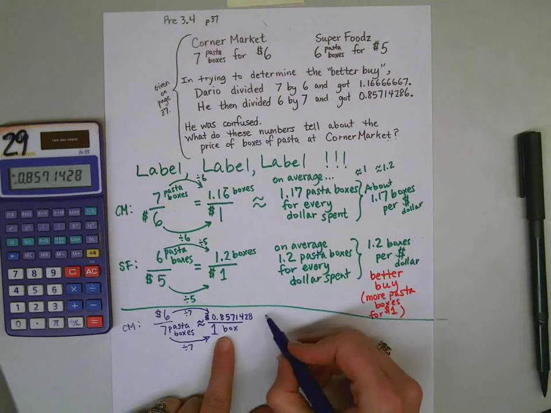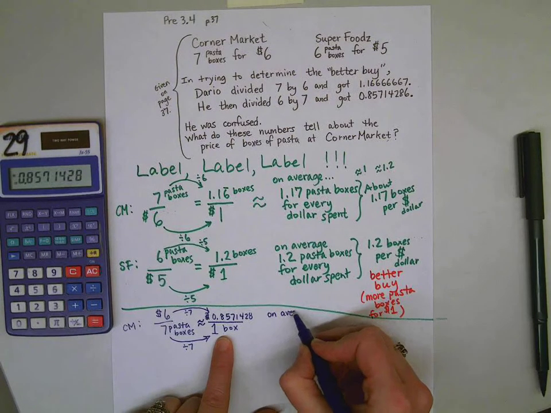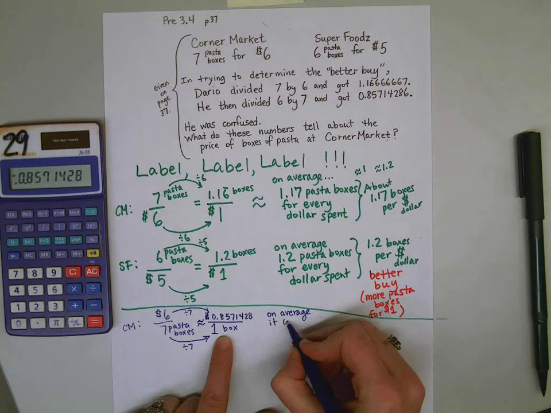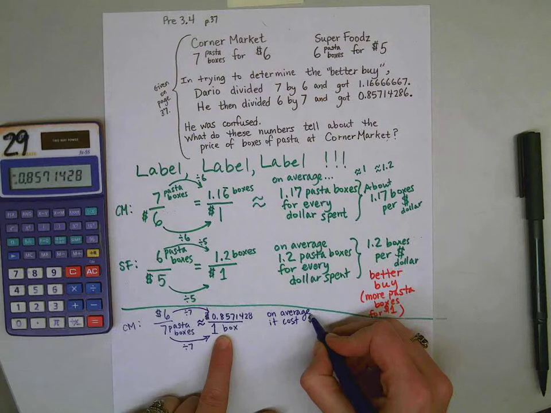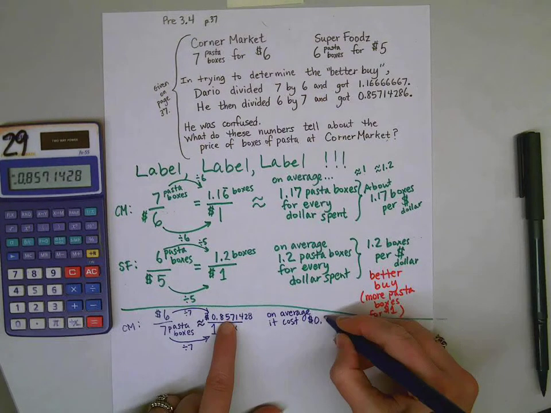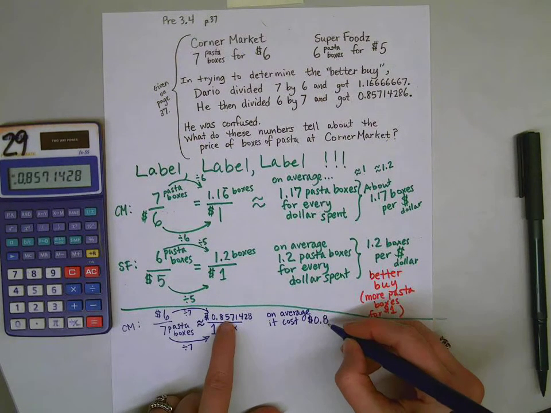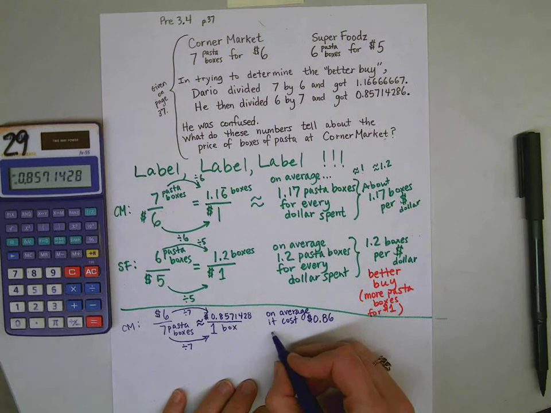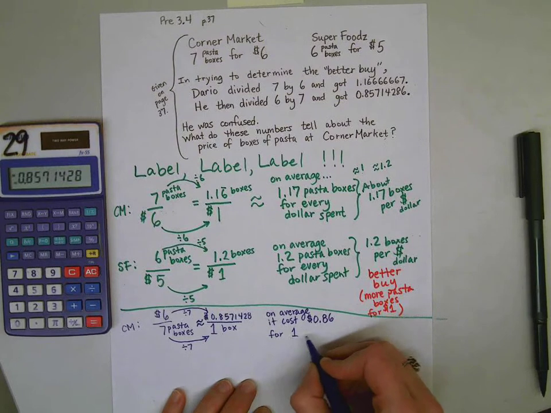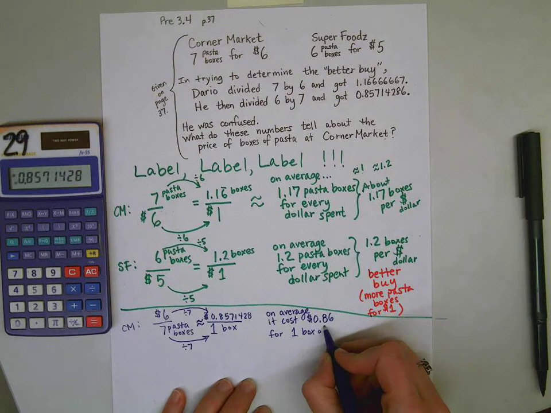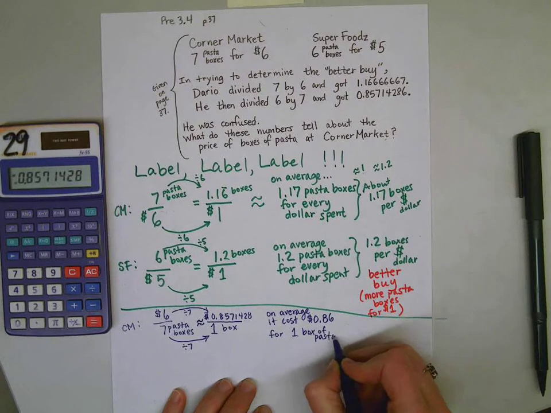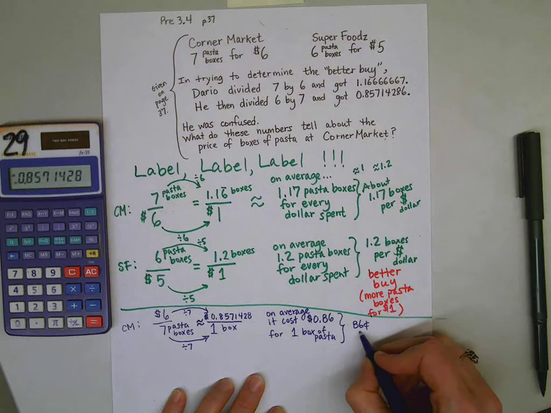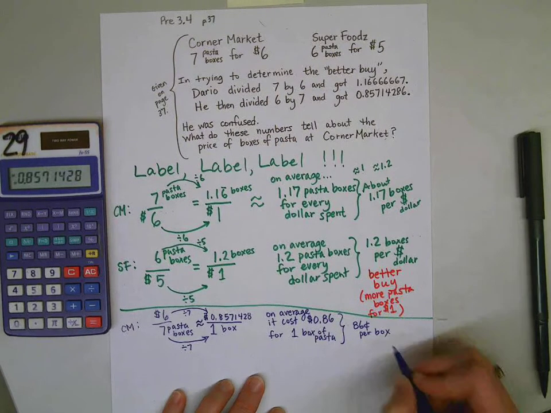So what this tells us is that on average, it costs, now I'm rounding it to the nearest penny, so it's about 86, because that 7 makes it closer to 86 cents than it does 85 cents, for 1 box of pasta. Or simply 86 cents per box.